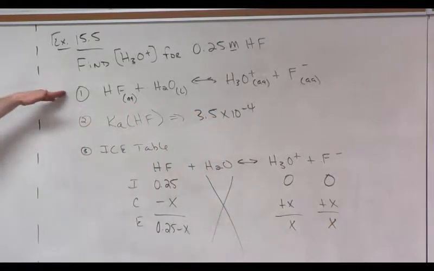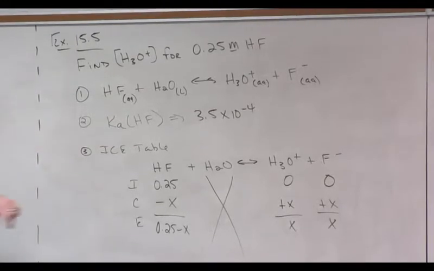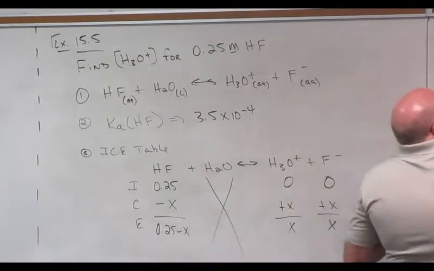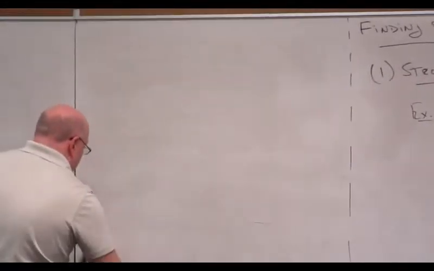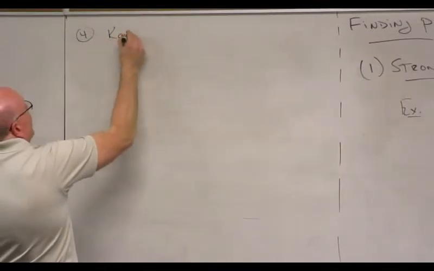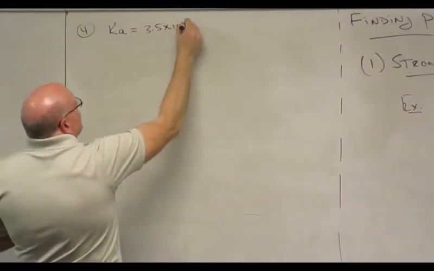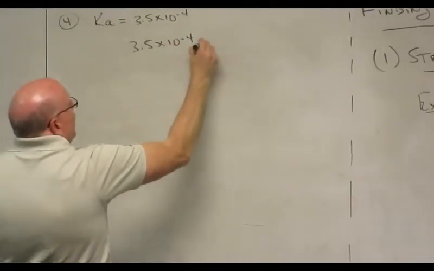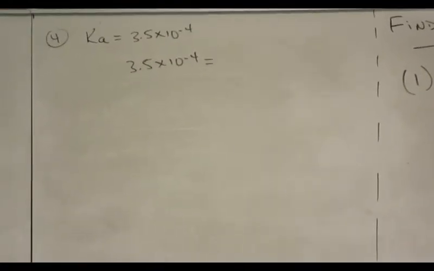We wrote the reaction, looked up the value, wrote the ICE table. Next thing is write what the Ka stands for. We know what it is numerically. We know that the Ka in this case is 3.5 times 10 to the -4. We also know that 3.5 times 10 to the -4 equals the products over the reactants. Well, we have H3O+.